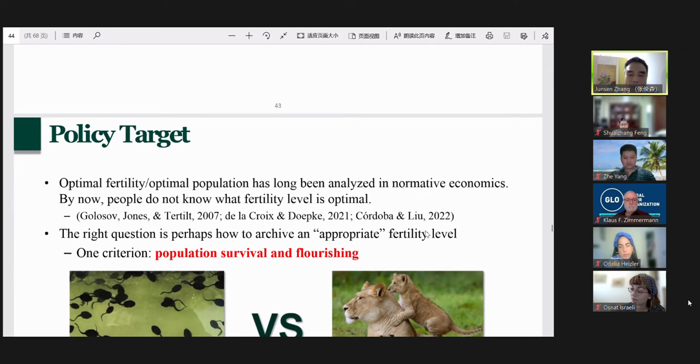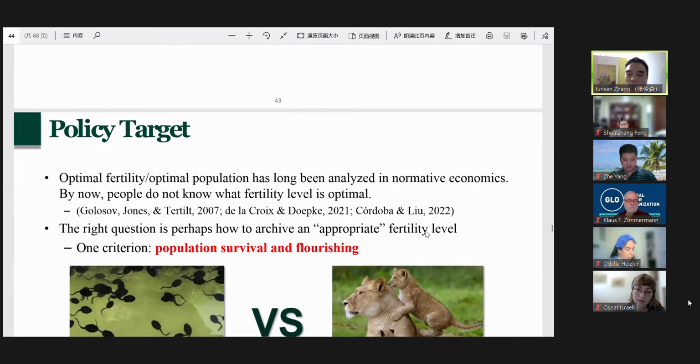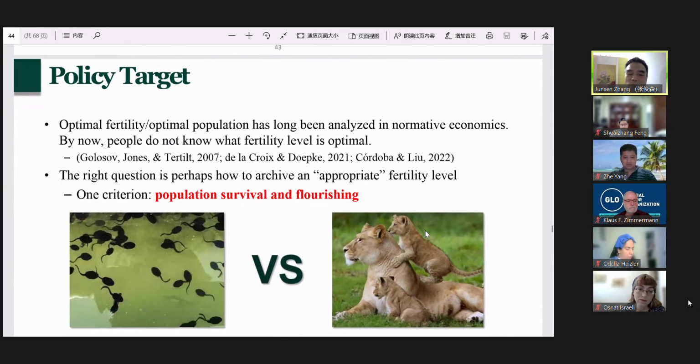Now, the way we think, and many people probably think, is to take a criterion of population survival. So the question is whether we want to have many children but low quality, or fewer children but with high quality.